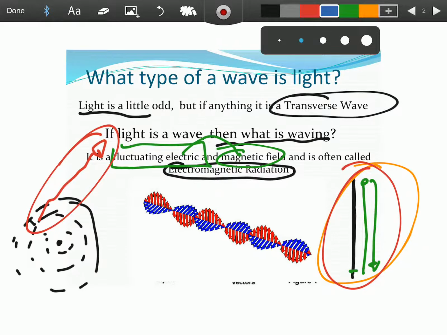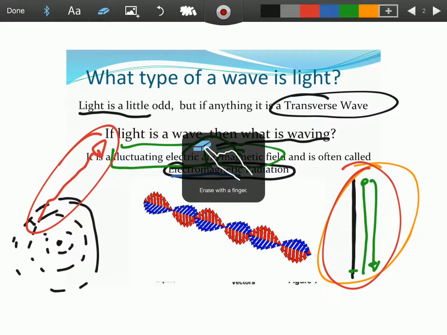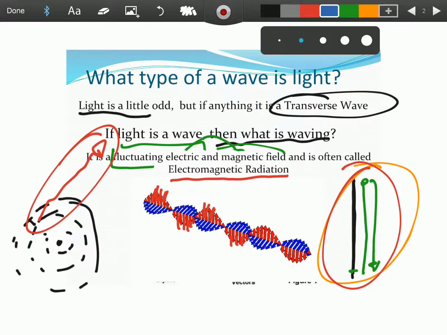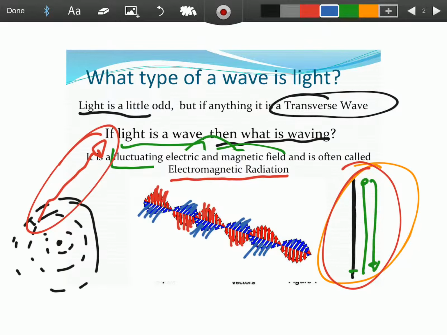It moves through space as electromagnetic radiation. It's hard to read now because I've drawn over it like a thousand times. This electromagnetic wave has an electric field in one direction, and as that electric field changes in strength, it produces a magnetic field perpendicular to it as it moves through space.